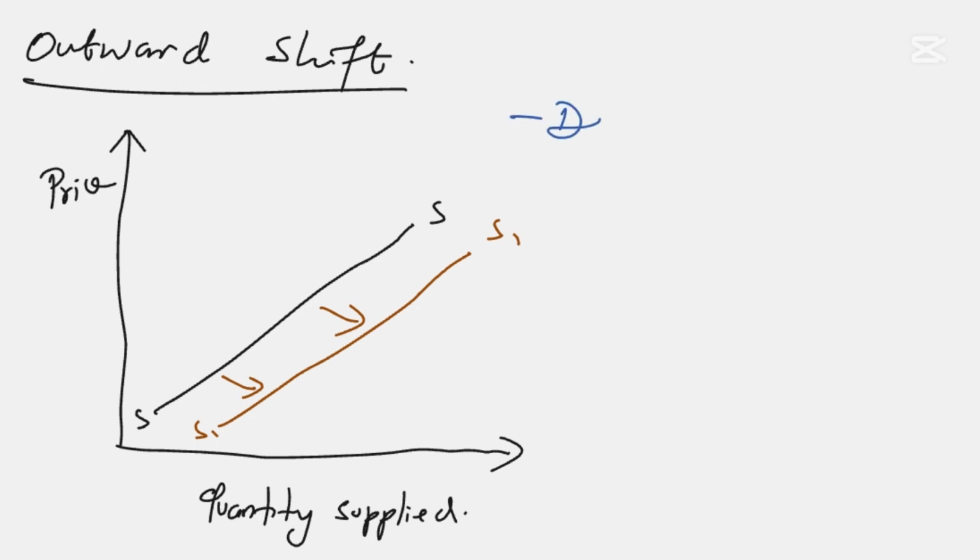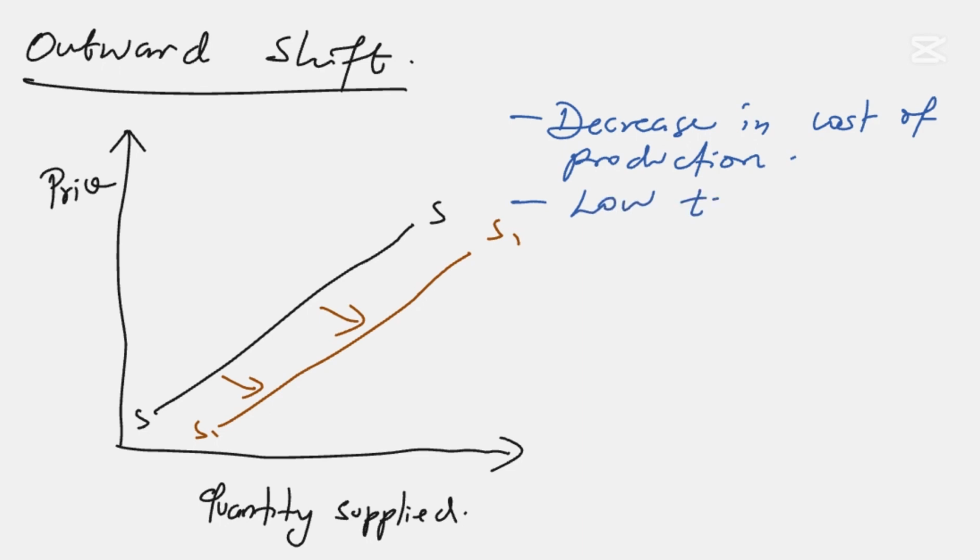What might cause this is when we go back to the determinants. Simple. When we have a decrease in cost of production, we have an increase in supply and outward shift. If we have low taxes, decrease in cost of production, then outward shift. If we have an increase in subsidies from the government, then it's an outward shift.